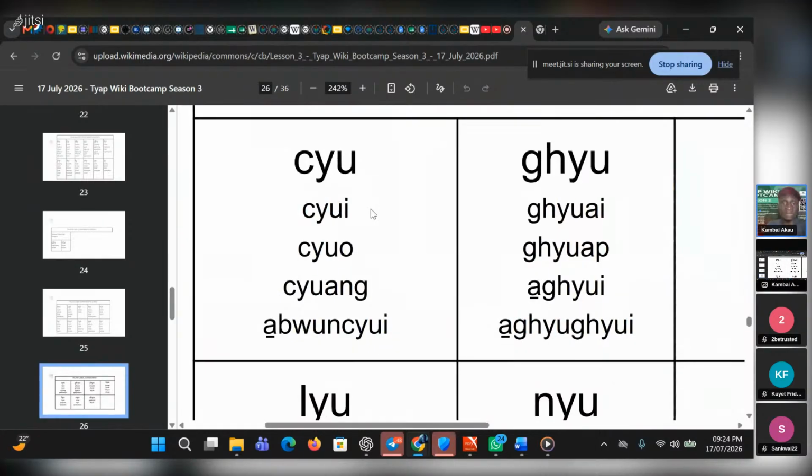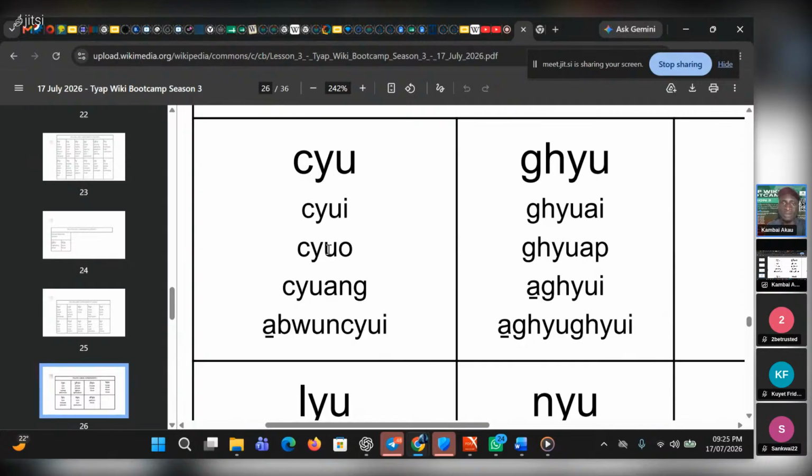But I don't know why they changed this one from W to U. So this is tree, and then this is chuo, chuang, and then Ubuntu.